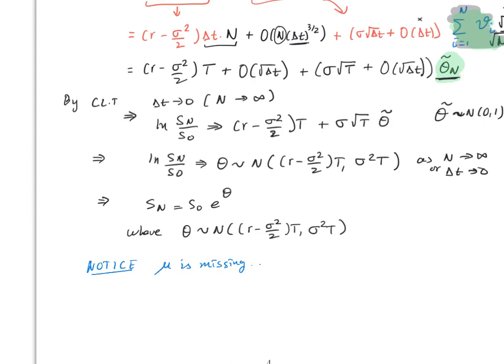Remember the mu was called the drift, and the drift is the real trend of what's going on with the stock. So this is very, very important, because if we are using the risk-free probabilities, this is now part of the picture. The distribution only depends on the interest rate and the volatility.